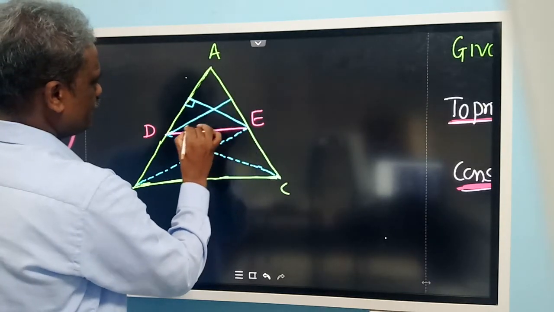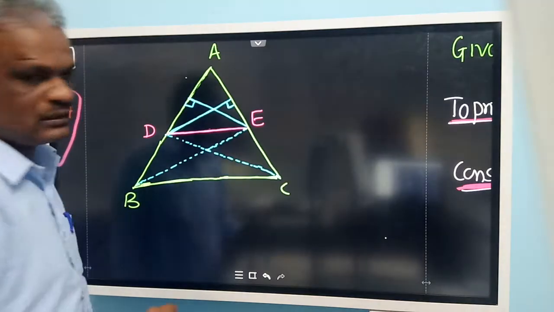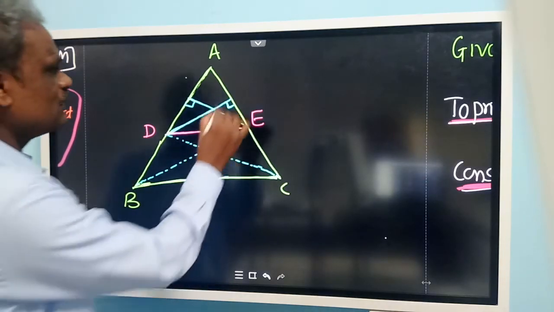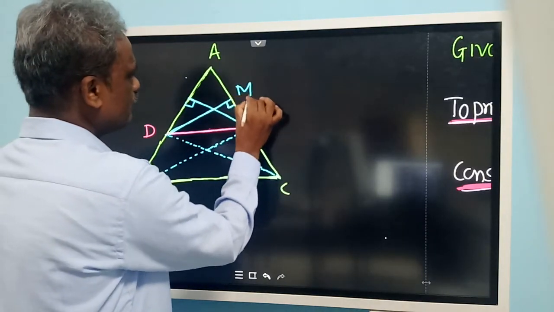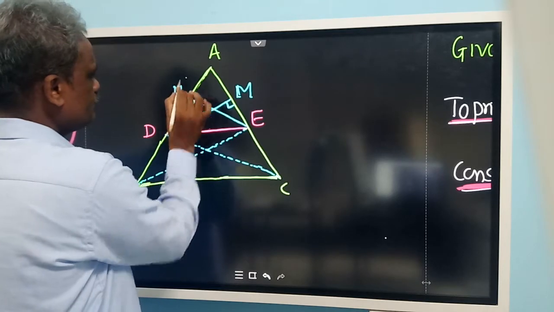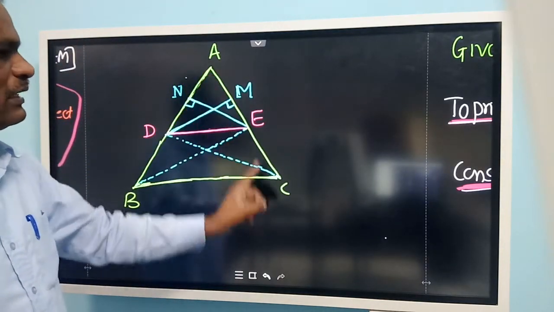So these two are perpendiculars. So what is the purpose? I will tell you later. So we have to draw perpendicular lines to these two sides, AB and then AC. Let us take this as point M, and this one as N. So EN perpendicular to AB, DM perpendicular to AC.